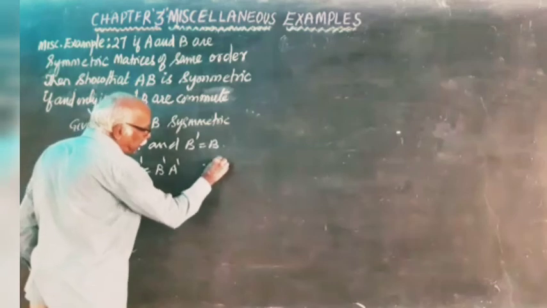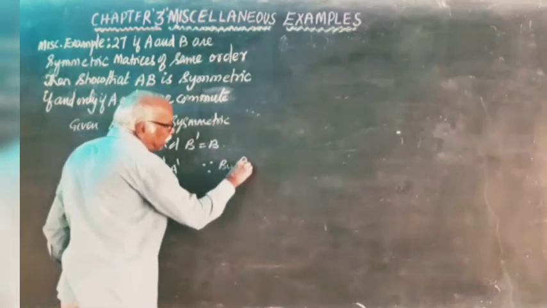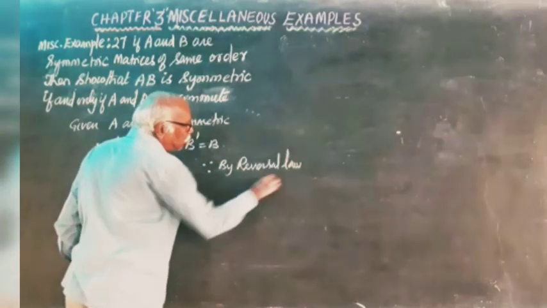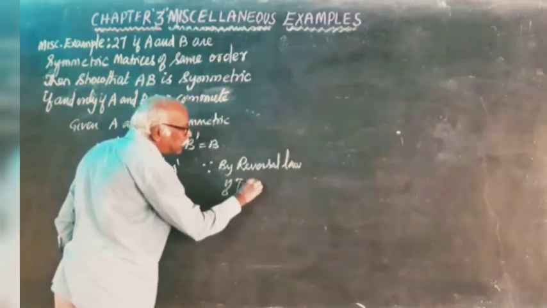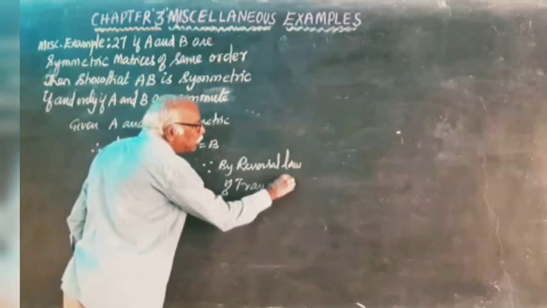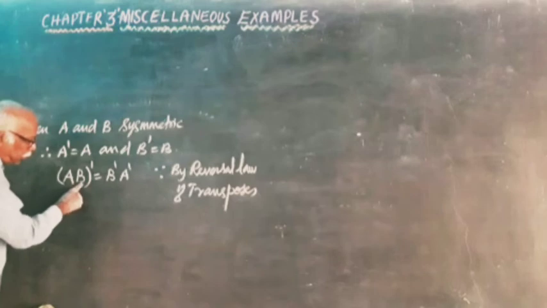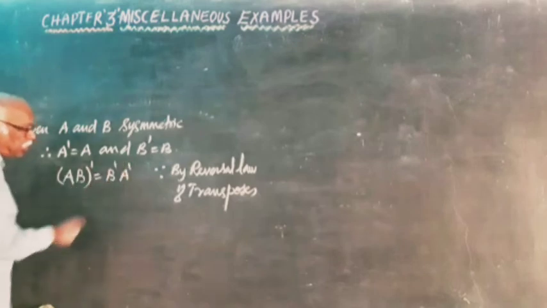Since by reversal law of transposes, (AB) dash is equal to B dash into A dash.